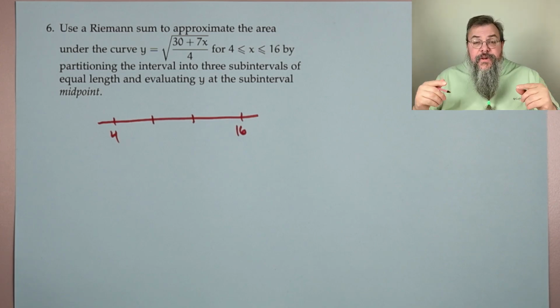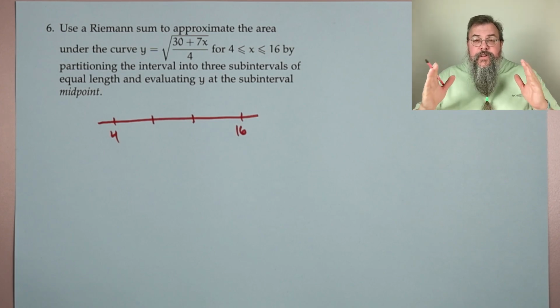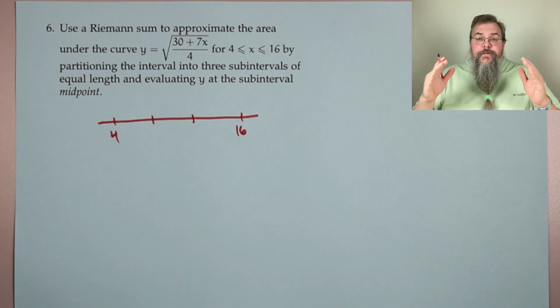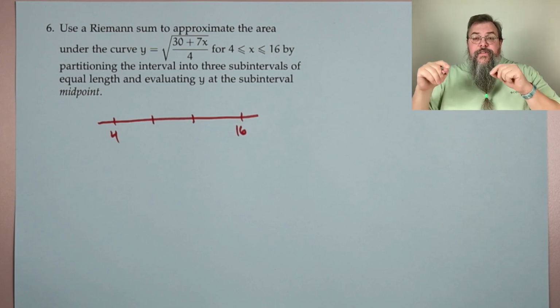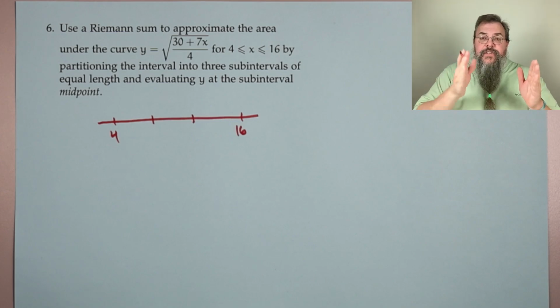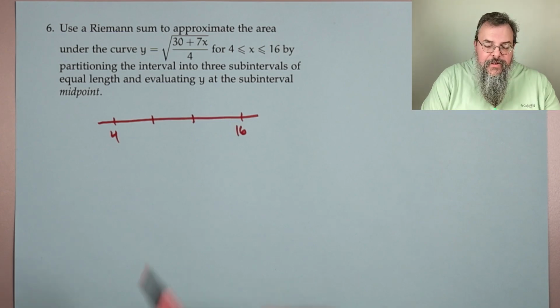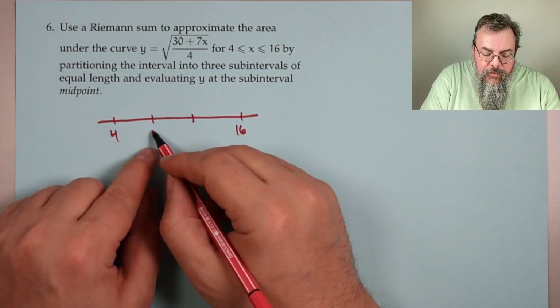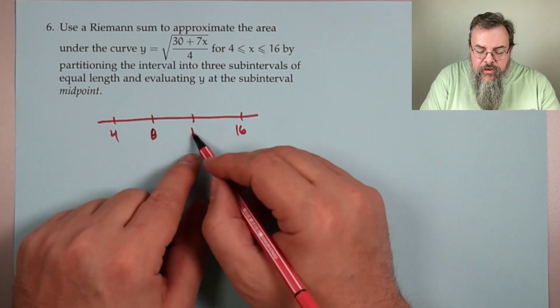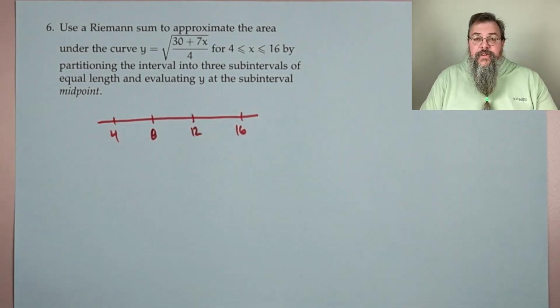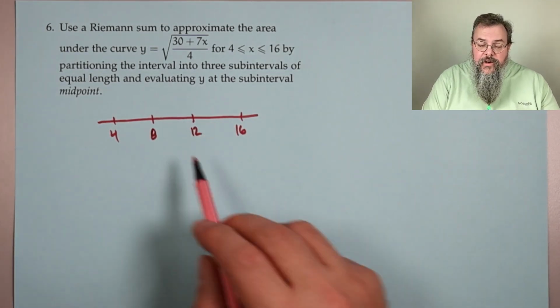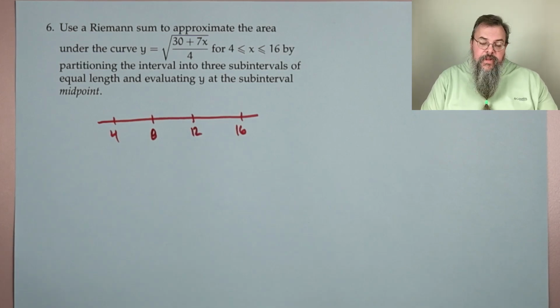Now divide that by 3. 12 divided by 3 says make your steps in sizes of 4. So 4 plus 4 is 8, plus 4 is 12, and plus 4 is again 16. So those are our 3 intervals.